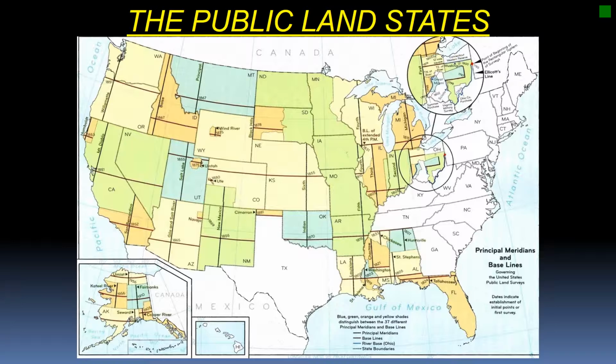You'll notice that at the intersection there's dates, like in the Willamette Meridian in Washington, Oregon, it's 1851. That's when the survey started. So that's what this map is showing you, and you can see all of the public land survey states and all of the states that are not part of the public land survey system.